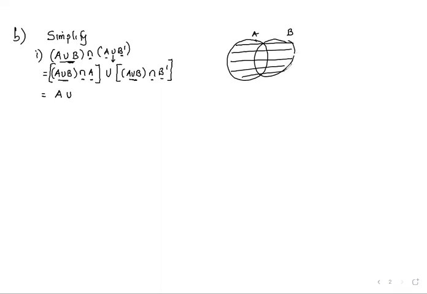Intersection B complement is this piece, outside of B in A union B. That piece is described as B complement intersection A. And then A union A intersection B complement, this is A by absorption.